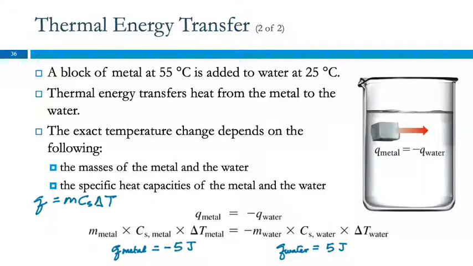So if I put those numbers into this equation, negative 5 joules equals negative times 5 joules. Does that work out? Yeah, it does. So this negative sign is not saying that this one is negative or that the other one's negative. It's just saying that the two things are opposite in sign. If one's positive, the other's negative. If the first one's negative, the other one's positive. Okay?